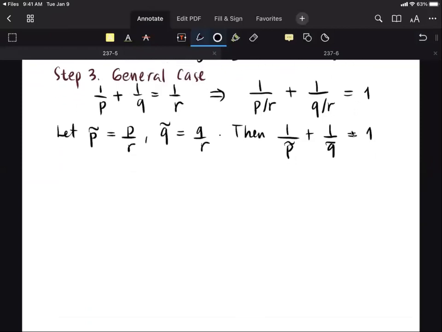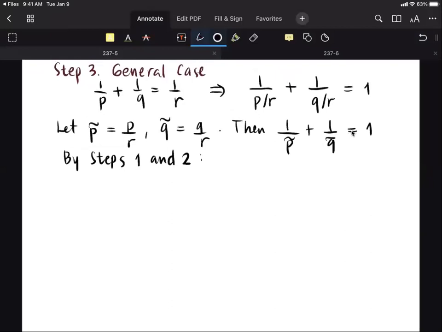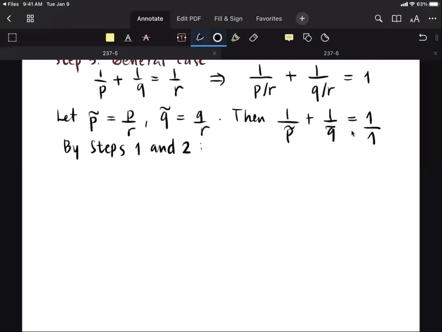So by steps 1 and 2, we already know that Holder's inequality is valid when R is equal to 1. And in this case, we now have the following.